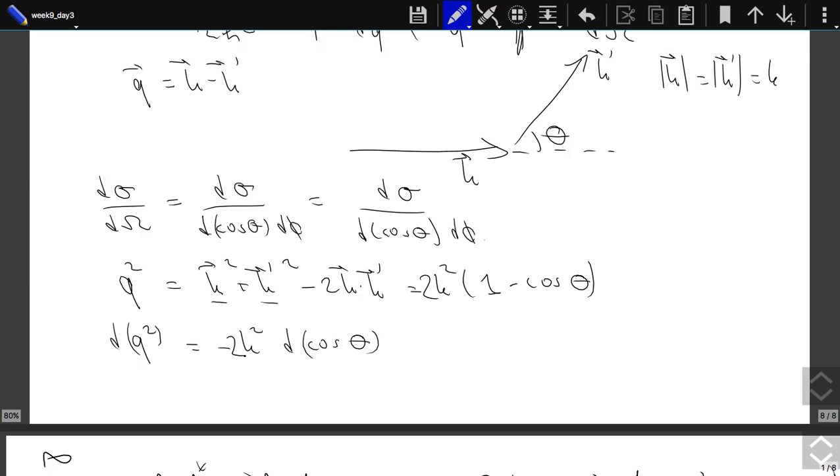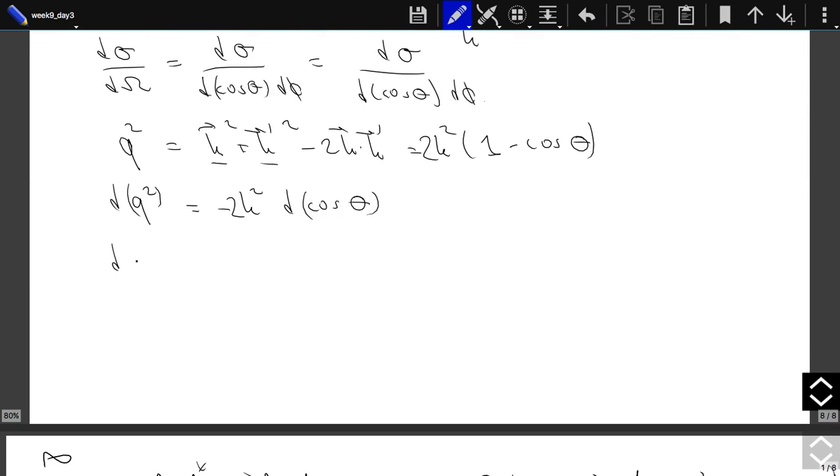So in the definition of dσ/dq squared, this is equal to dσ/d cosine theta times 2k squared, absolute value. I'm not writing the absolute value.